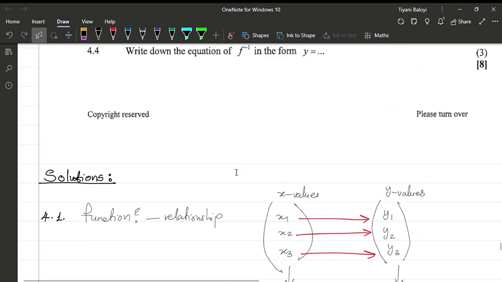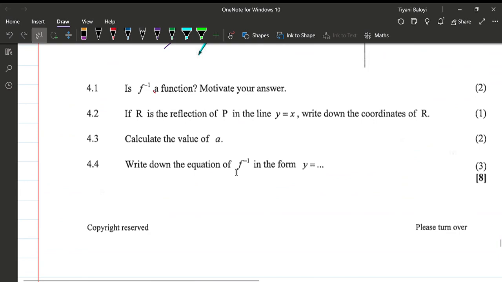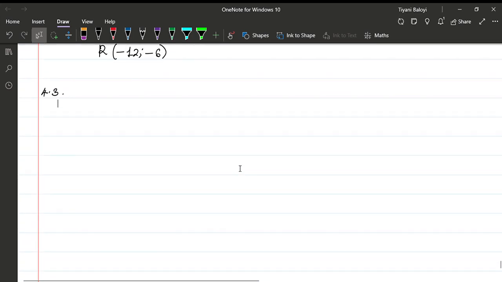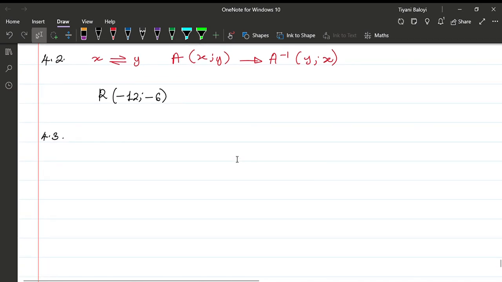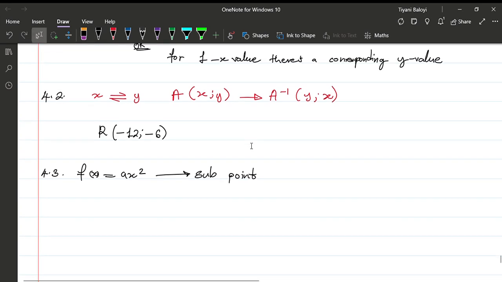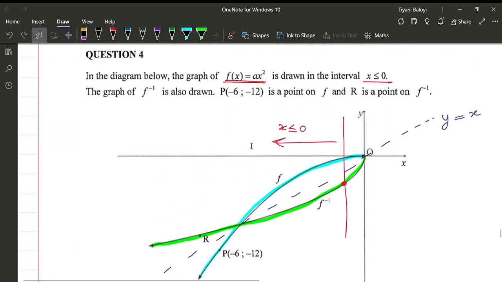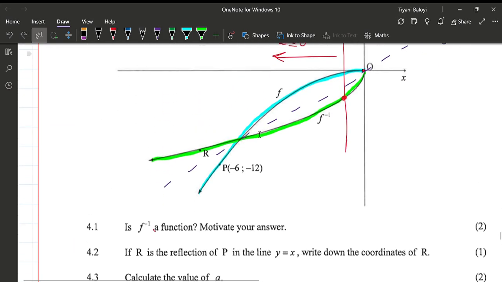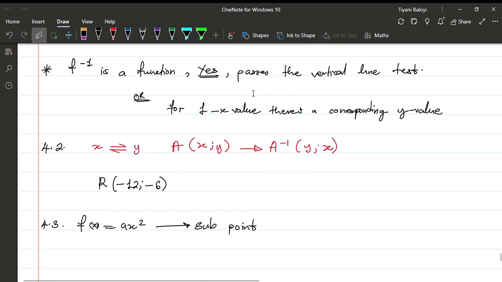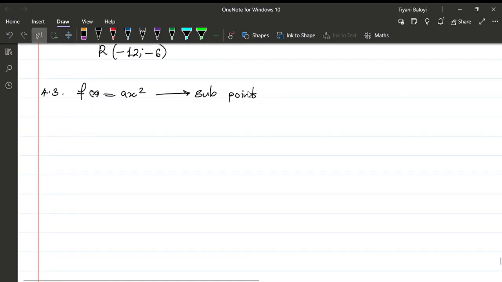So let's just look at 4.3. What does 4.3 want from us? Calculate the value of a. So, okay, let's just do this. What was a? a is from f of x is equal to a x to the power 2. What can we do? We can substitute point P because point P is on the graph of f. Let's just confirm that P, yes, it's on the graph of f, the blue graph. We substitute point P, which is minus 6 and minus 12.